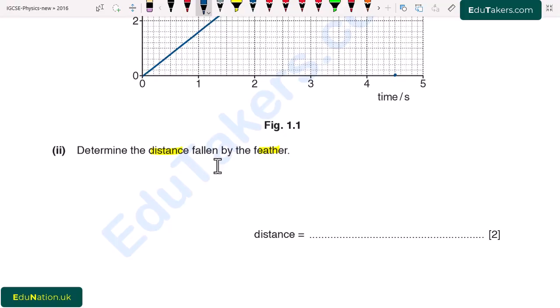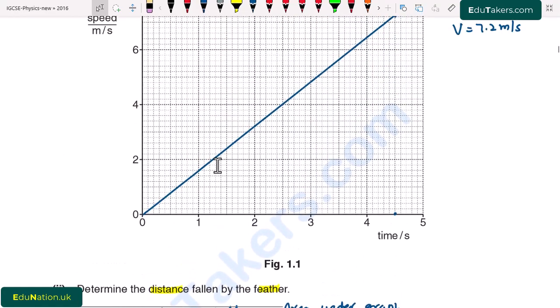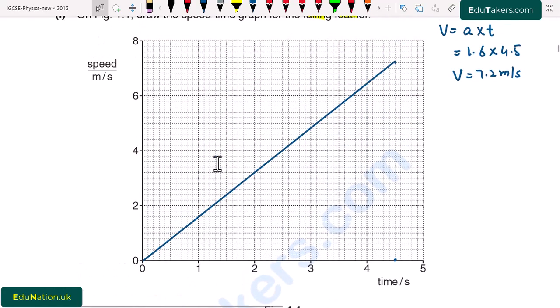I write here, distance fallen will be equal to the area under the graph. So first of all, we have to find out the area under this graph. For that, here I draw a line.